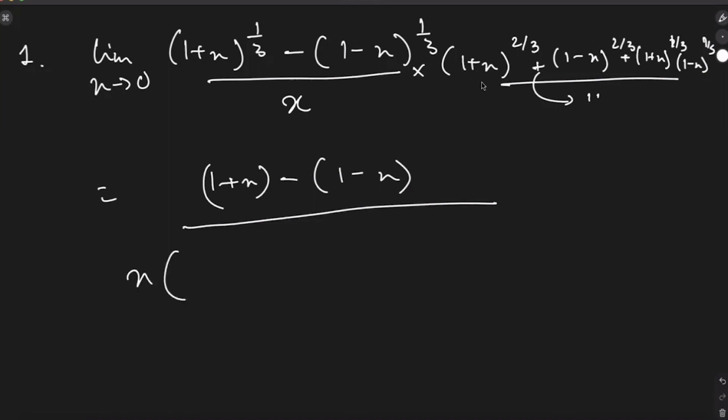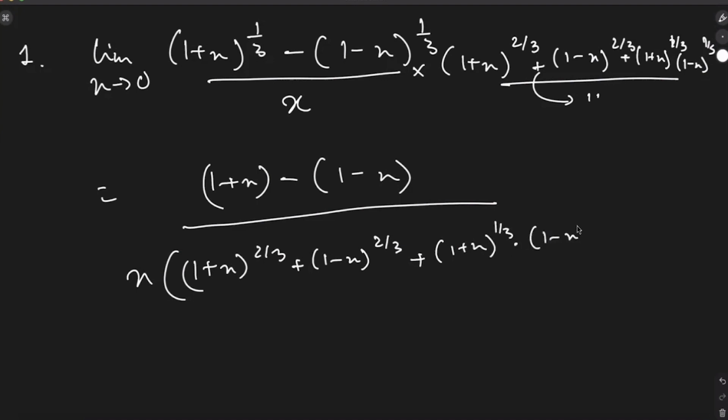x times this thing that I had written over here, 1 plus x raised to the power of 2 by 3 plus 1 minus x raised to the power of 2 by 3 plus 1 plus x raised to the power of 1 by 3 dot 1 minus x raised to the power of 1 by 3. Simple enough. Now, the numerator will be 2x. x and x will get cancelled out.